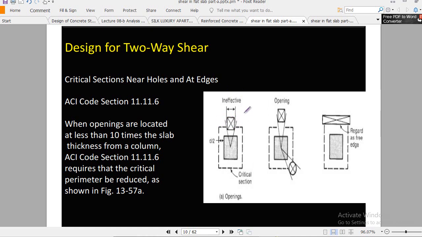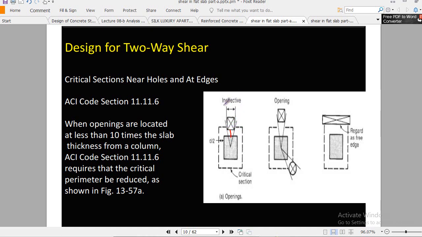So if such openings are present in a slab system, what are the criteria of the ACI code? The code says that when openings are located at less than 10 times the slab thickness, you measure the distance of the opening from the face of the column, and if this distance is less than 10 times the thickness of the slab, then you have to ignore this part.